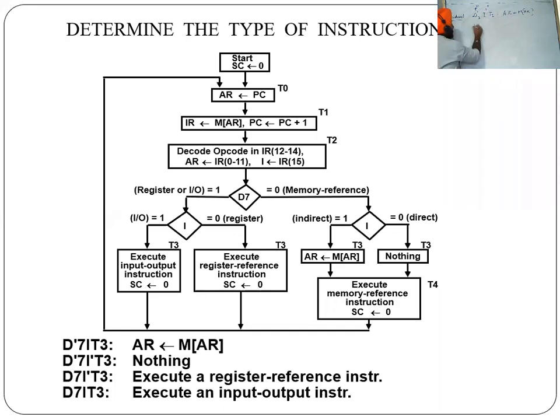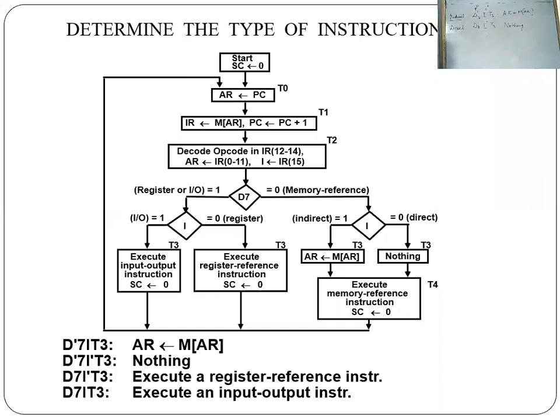When D7 bit is dash and I dash T3, so when the value of I is equal to 0, it is direct. In the case of direct addressing mode, you don't need to refer to your memory a second time. Here we are referring to the memory a second time, that is why we have written this. Here we don't need to refer to the memory a second time, that is the reason we have written nothing over here, right?